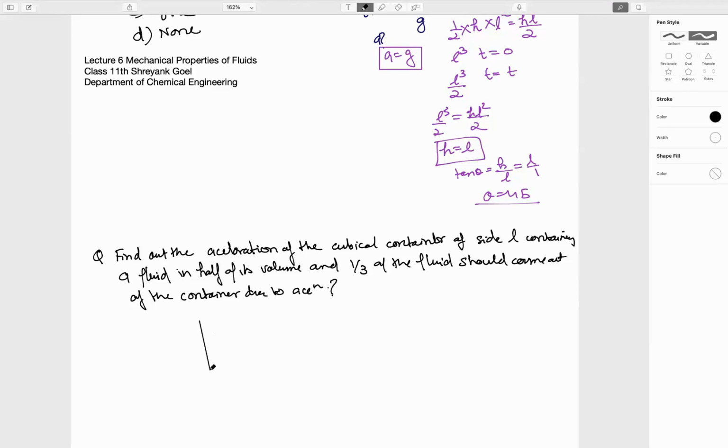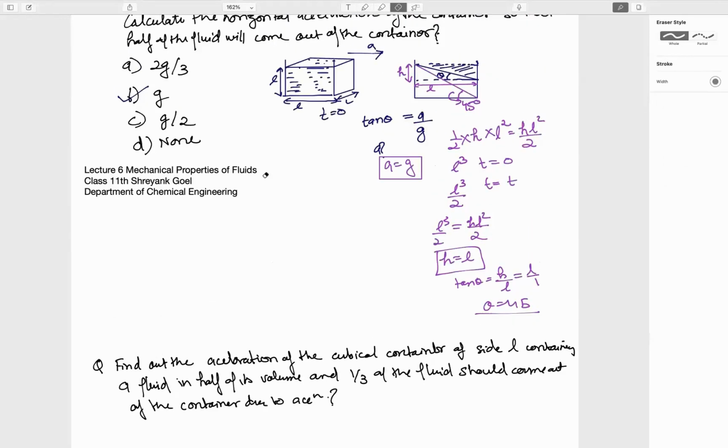Now the question is, we have this container, and if it is a cubical container, so I can copy this.